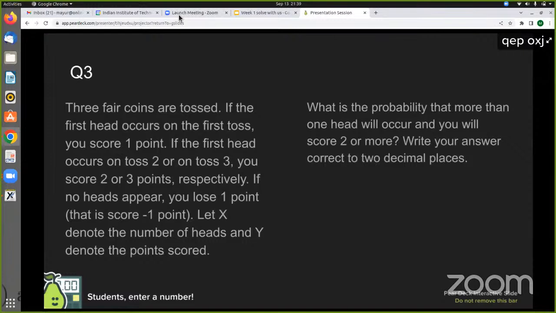If none appear, the score is lost. Estimate the number of heads, zero, and the large amount of points.